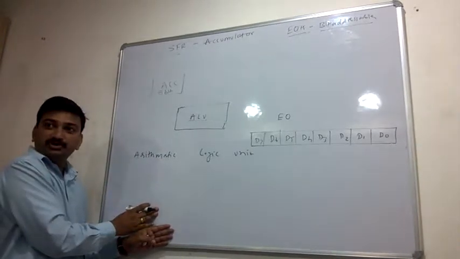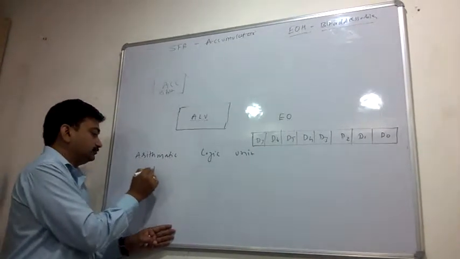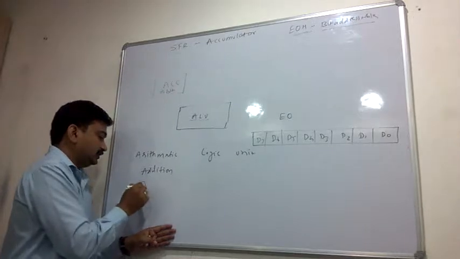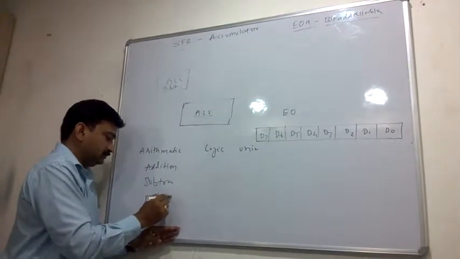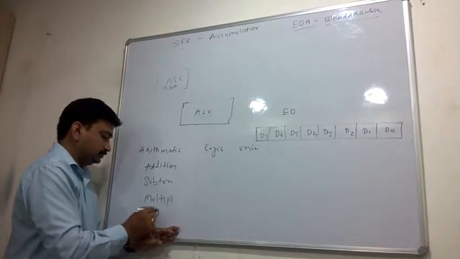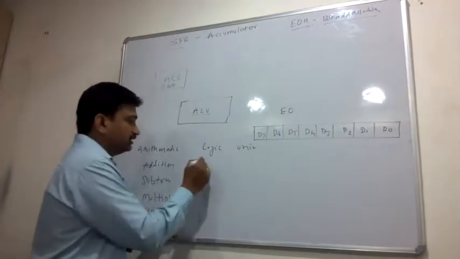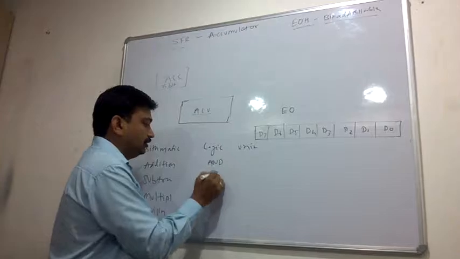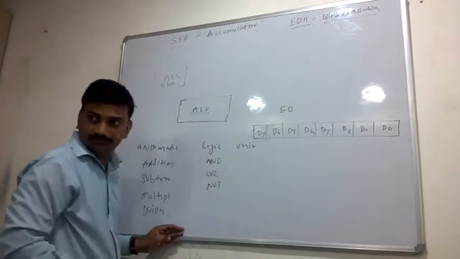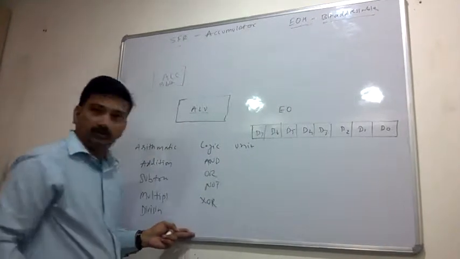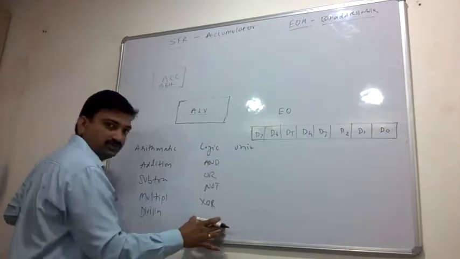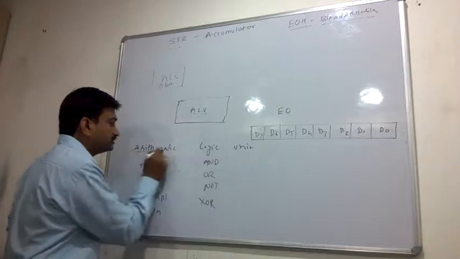The arithmetic operations are addition, subtraction, multiplication, division. The logical operations are AND, OR, NOT, NAND, exclusive OR.